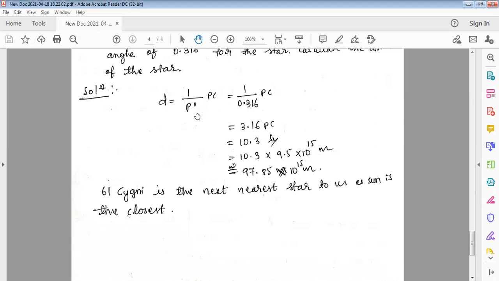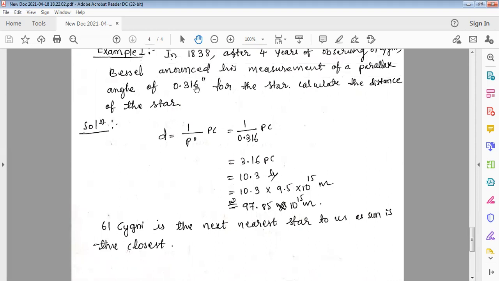d is equal to 1 divided by p double dash parsec, because here the parallax angle is in terms of arc second. So you substitute the value of the parallax angle and simplify.